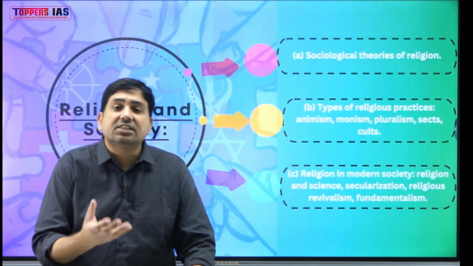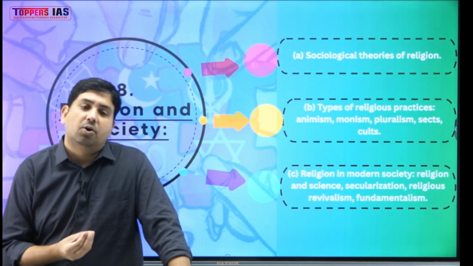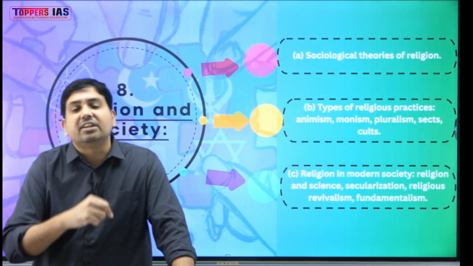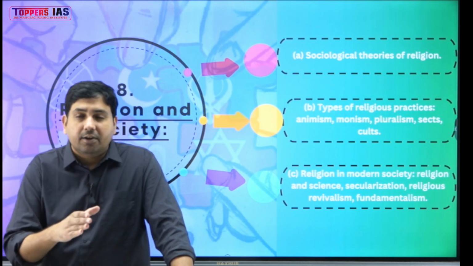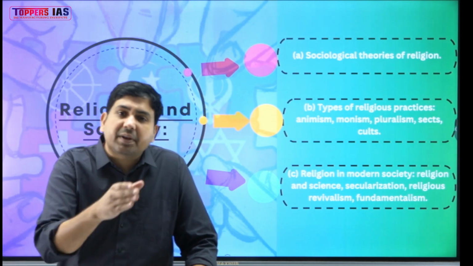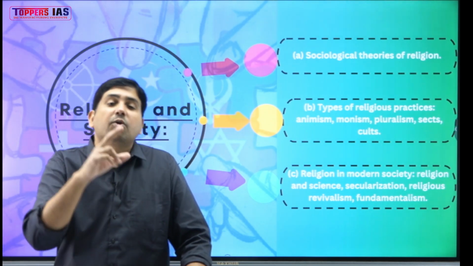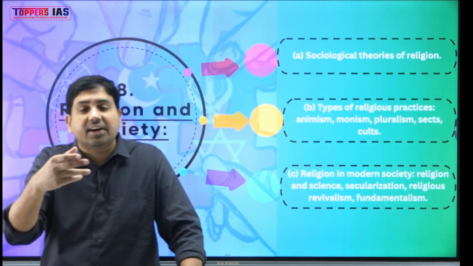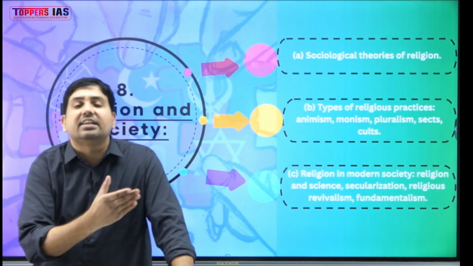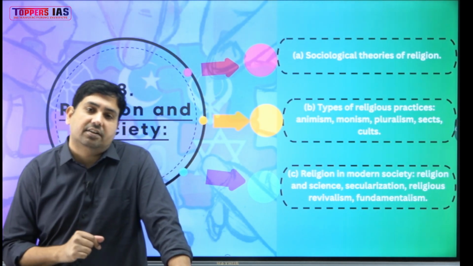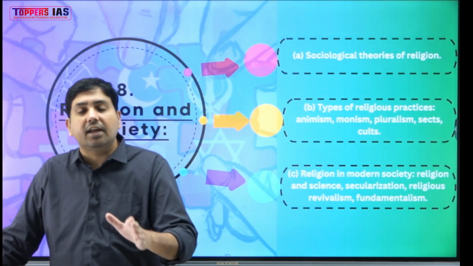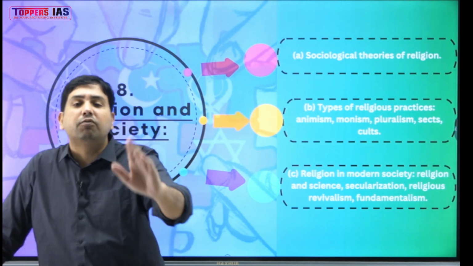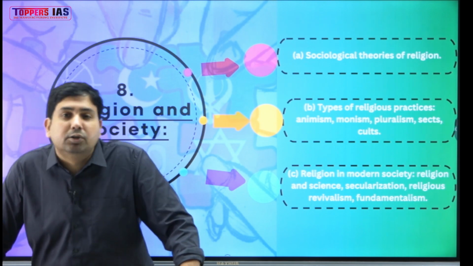Its function is dulling the pain of exploitation in capitalist society, reducing the pain, and also preventing the oppressed class from realizing their true condition, their worst condition, and therefore revolting. So religion prevents the working class from going for any kind of revolution.